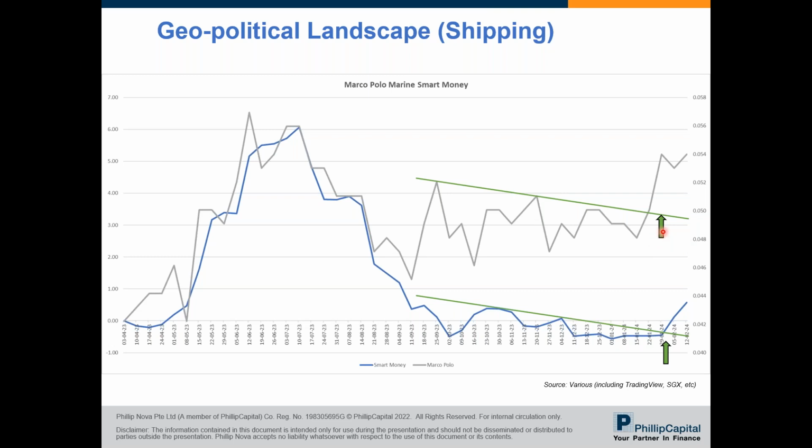It doesn't affect any of our trading decisions. But this is one way. Breaking above the trend line can be a signal to follow the trend of the smart money. Beyond just breaking above the trend line, we also see that the smart money is breaking above these 2 previous resistance points, so it's a good indication that there's strong momentum. So perhaps there is an opportunity here for Marco Polo to go up.